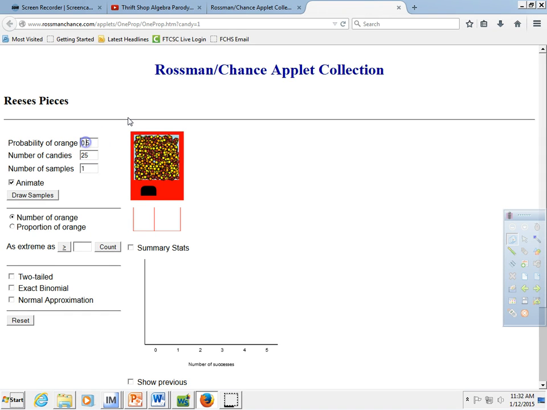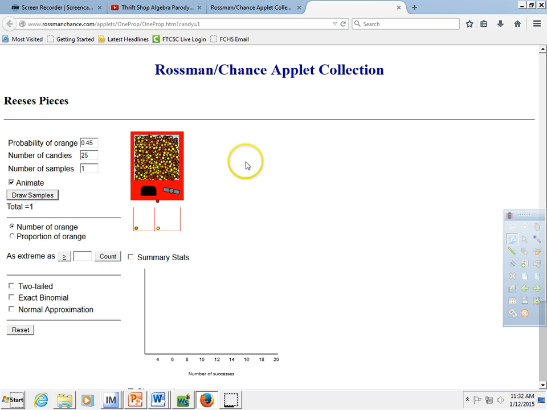Now, let's say that there are 45% orange candies in our population. So this candy machine is our population. If we have the applet take a sample, there it goes. It's spitting out 25 candies and separating them out into orange, brown, and yellow. Okay? So what just happened?